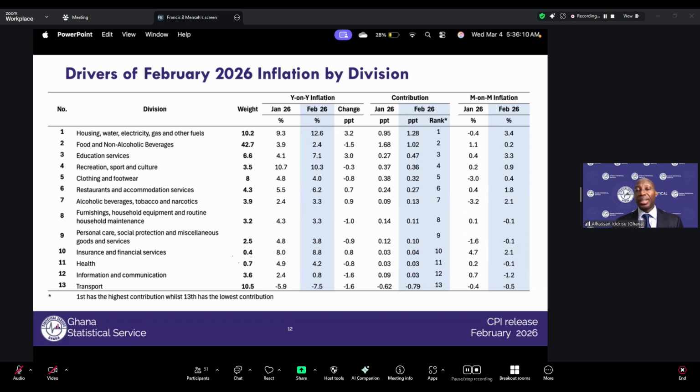So easing imported inflation, moderation in goods inflation, slowing food prices, and selected services such as insurance, financial services, health, ICT, and transportation are the key forces pushing inflation downward. In short, price pressures are narrowing and moderating.